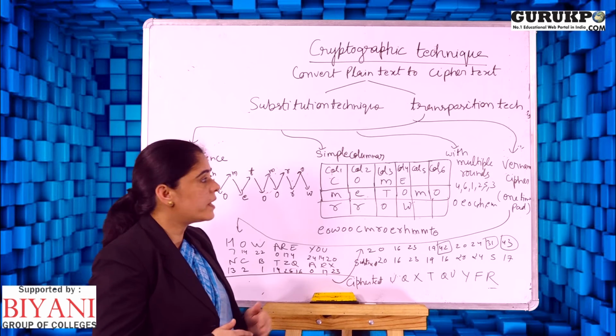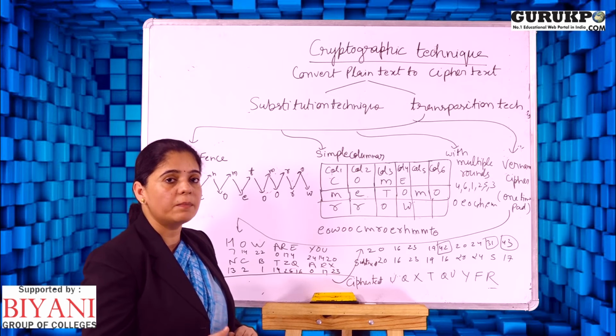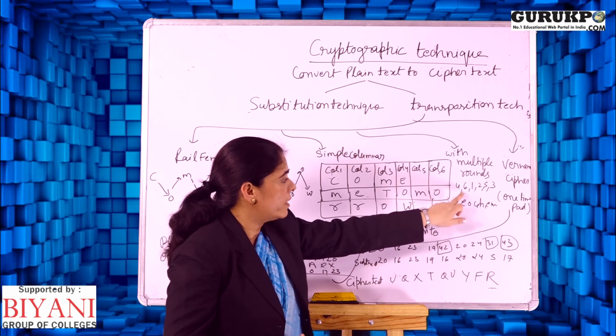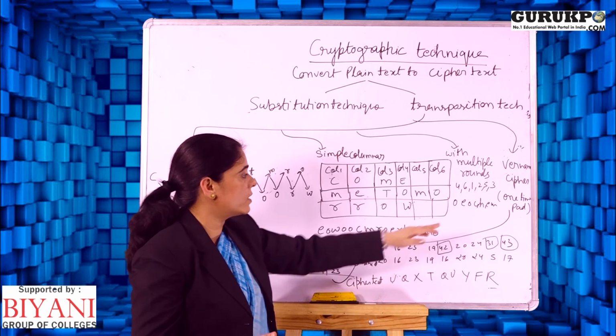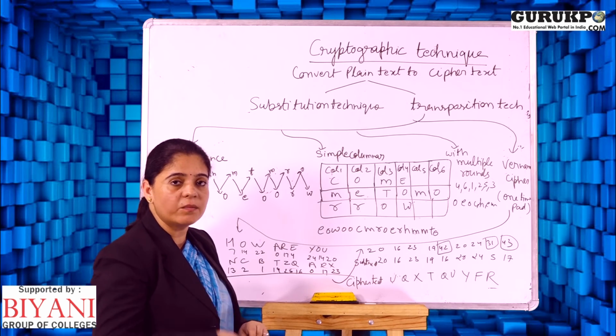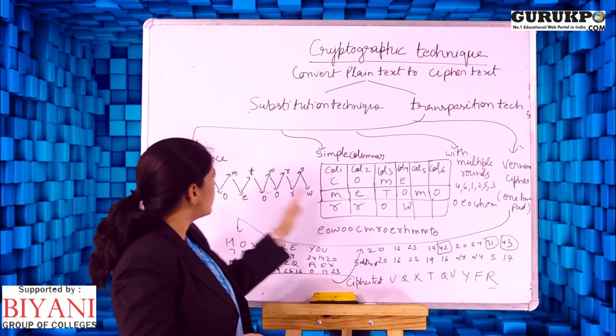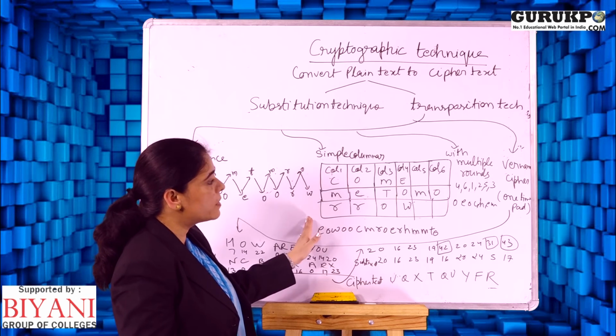This is a stronger technique than the simple columnar, because here we are using multiple rounds. Here is one round, and again we switch this ciphertext into another round and arrange it in columns, and then we find a newer version of the ciphertext. So this is stronger than the rail fence and the simple columnar.